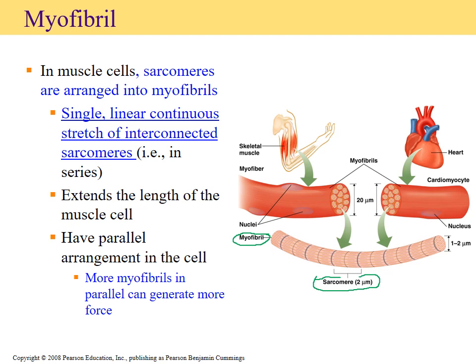And the more myofibrils you generate, the more they're organized in a parallel format, the more force you're able to generate. So for instance, when you take a look at the muscles that make up your eyelids, they have a very minimum amount of myofibrils, which means that you can still contract and relax, but it's going to be a very delicate type of movement.